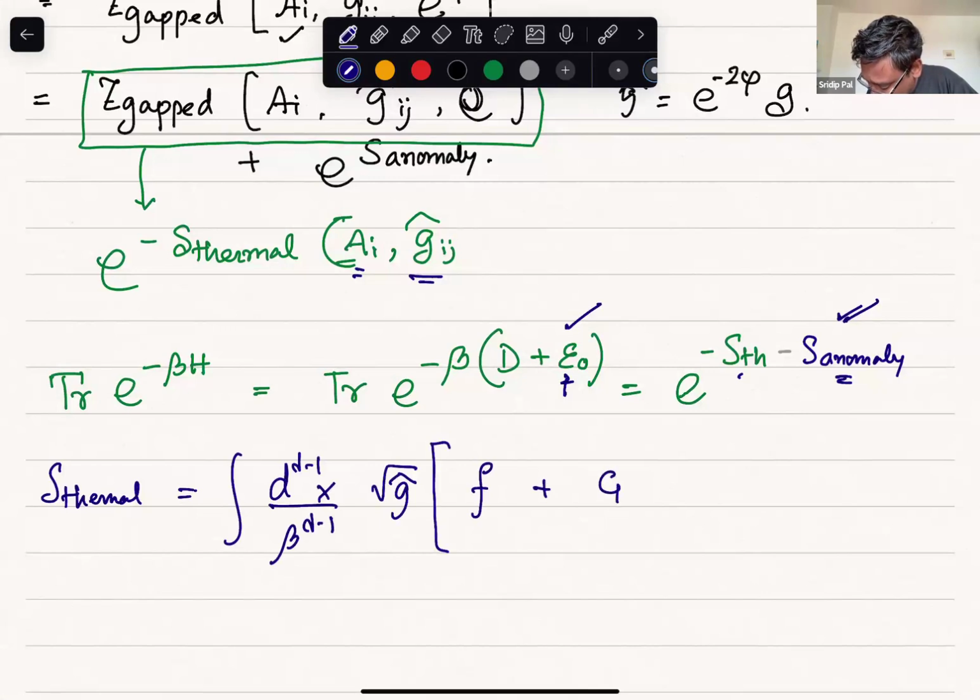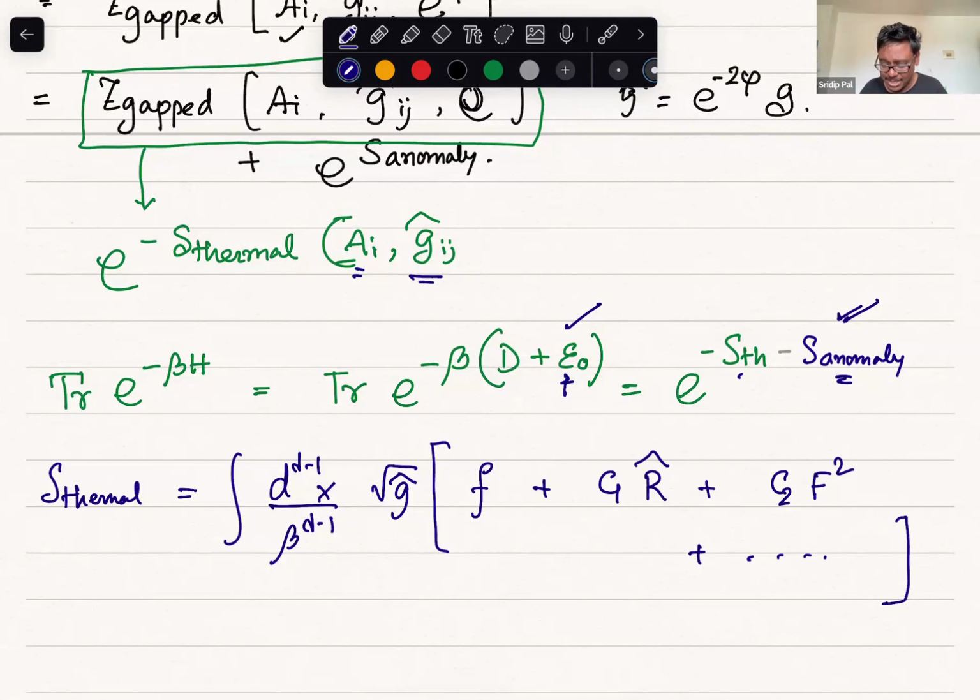Then the second term is c1 R hat, then the third term is c2 F squared, and so on, where F squared is derived from A_i and R hat is the Ricci scalar derived from g hat ij.